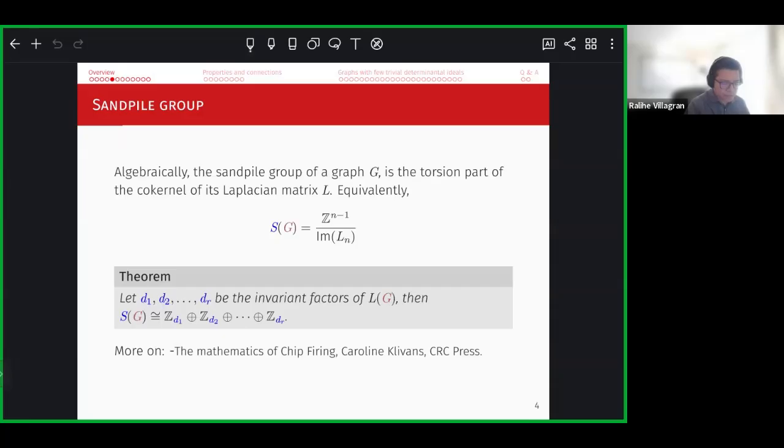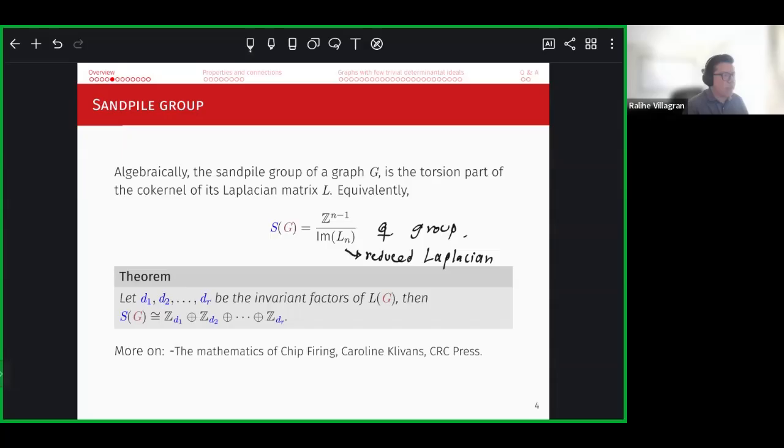Algebraically, the sandpile group is nothing but the torsion part of the cokernel of the Laplacian matrix. So it's this quotient group, where L_n is the reduced Laplacian. That means take the Laplacian and erase any corresponding row and column.